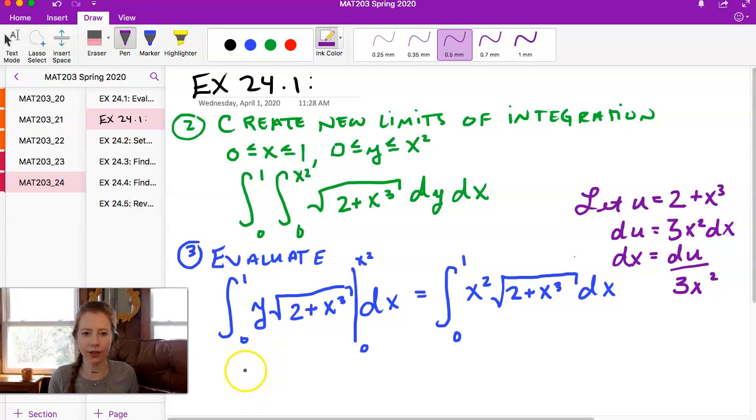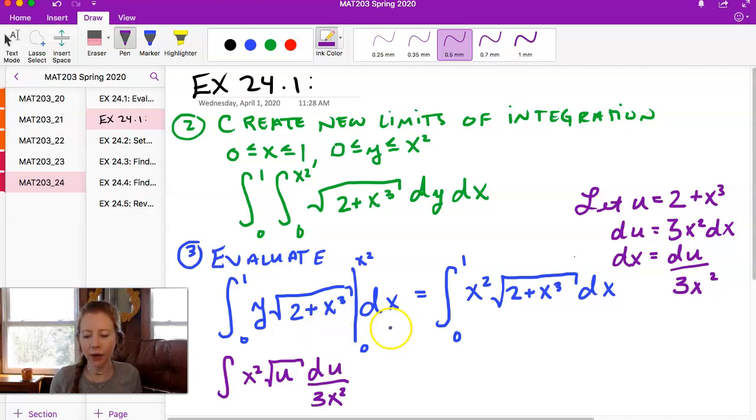Okay, so let's plug this in, and we have the integral of x squared times the square root of u, du over 3x squared. Conveniently, the x squareds cancel out, and we end up with 1/3, pull that out since it's a constant, times u to the 1/2 du.